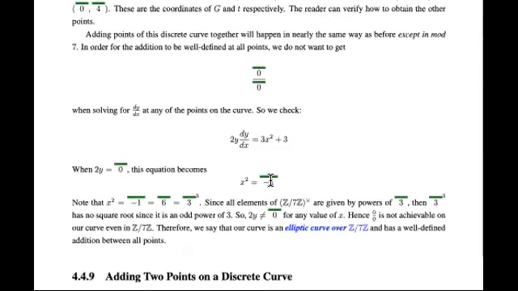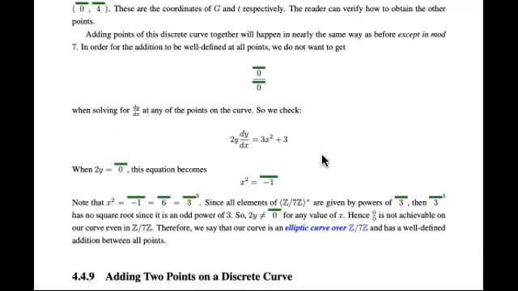And -1 is 3 to the 3rd, which has no square root, so that can't even happen. You can't even have a 0 over here in this particular setup for this particular elliptic curve. So we can't even get a 0 over 0. So this really is a nice elliptic curve that we can use if we're thinking about slopes, at least.